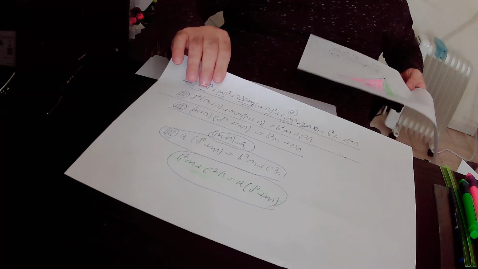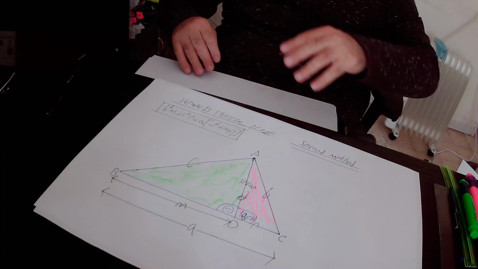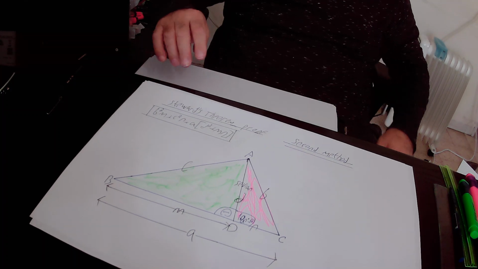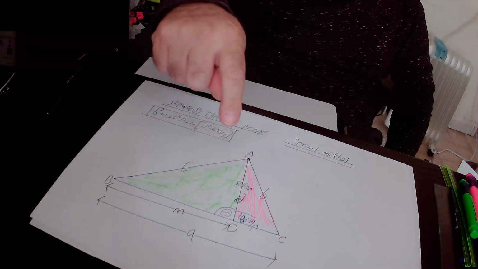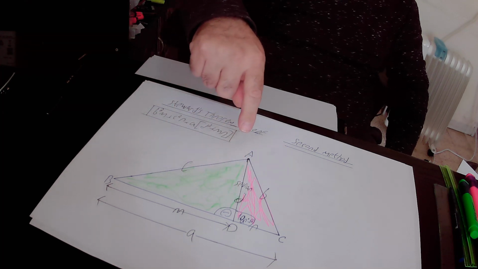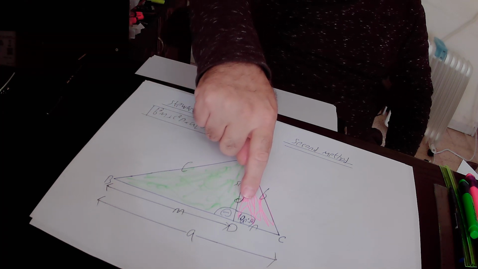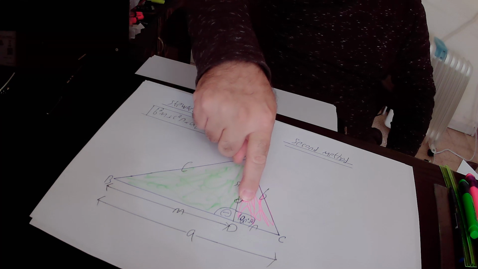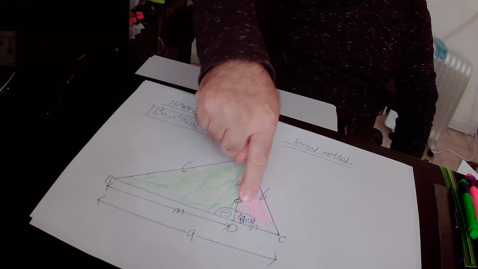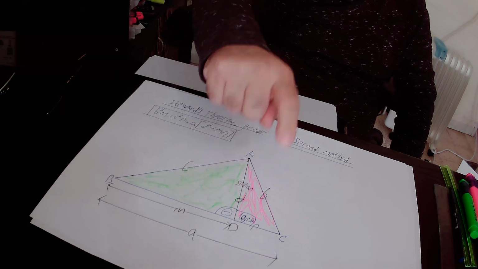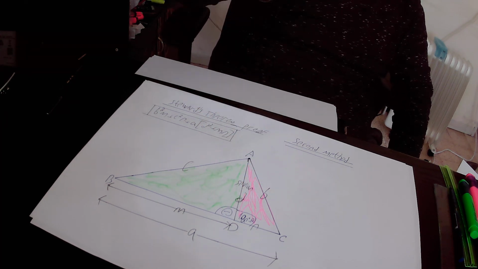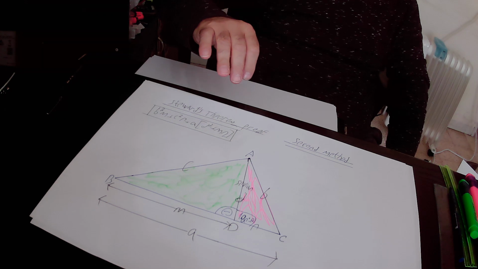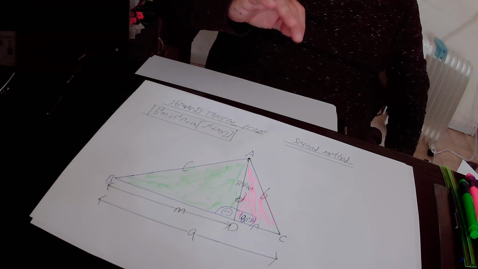In the next step we proved Stewart's theorem according to the second method. In the second method we defined angle ADB as theta, and therefore the adjacent angle ADC must be equal to 180 degrees minus theta, according to rule number 1, that the sum of the angles on one side of a straight line is equal to 180 degrees.